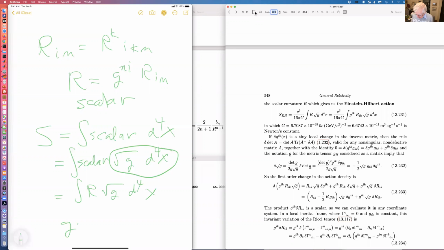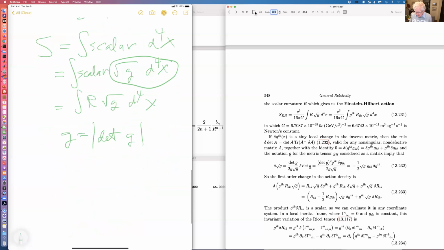g here is the absolute value of the determinant of the 4x4 matrix g. So I have sort of an abusive notation here. I guess this is why I didn't use little g in other places for the matrix.